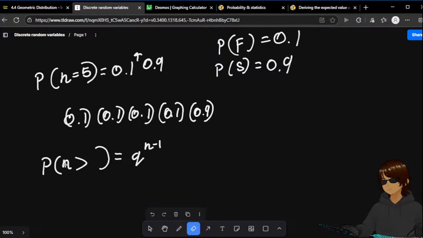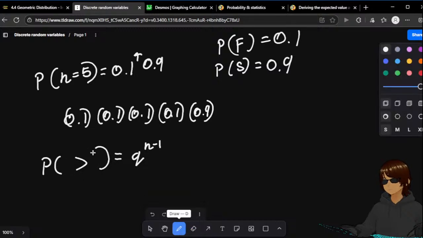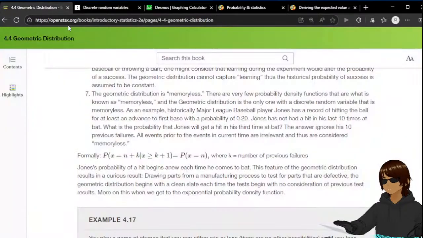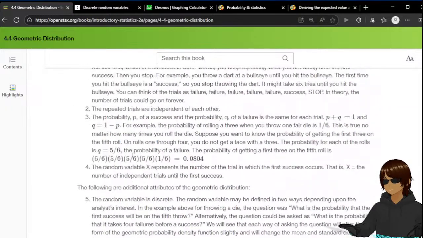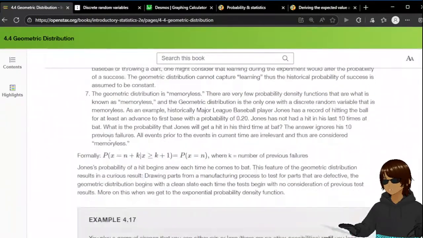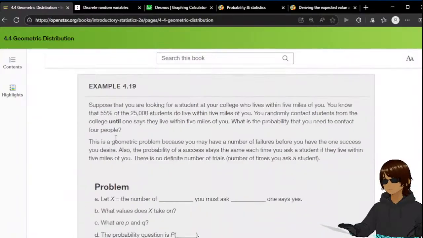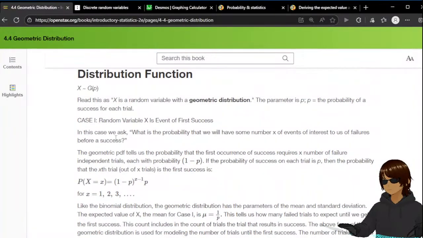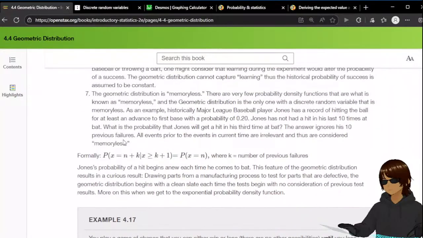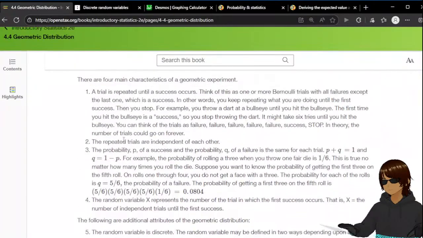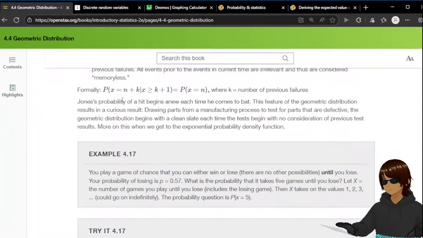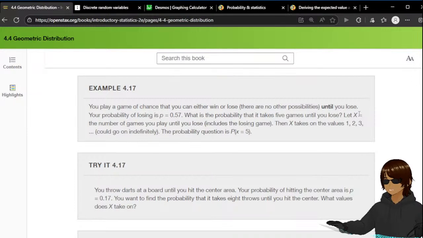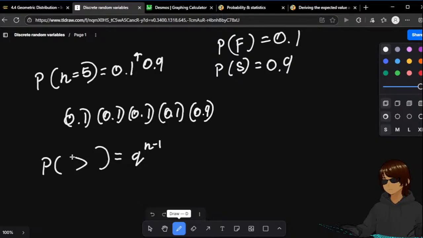So the random variable x, what is it? What is the variable x? X is the number of trials, right? Let x be the number of games you play until you lose. Okay, x is the number of trials.